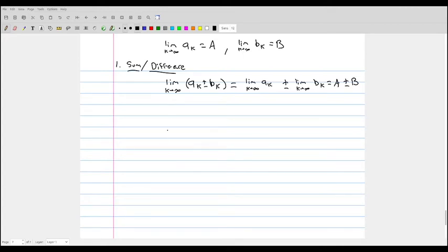This is one relatively simple computational tool that we now have at our disposal, and this comes directly from the exact mathematical definition of the limit. You can prove this.